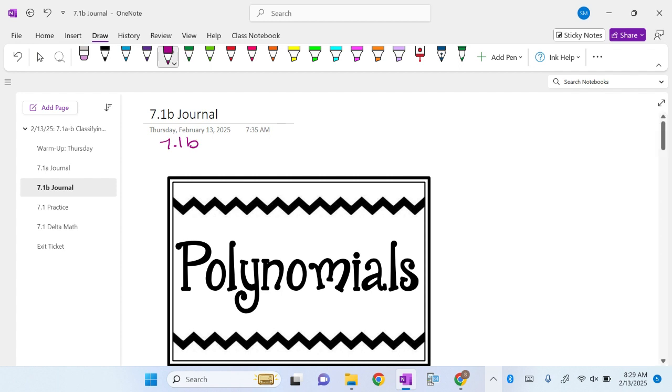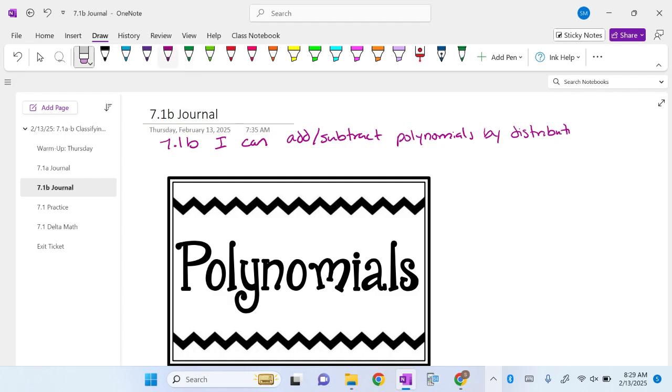So 7.1b is I can add/subtract polynomials by distributing and combining like terms.